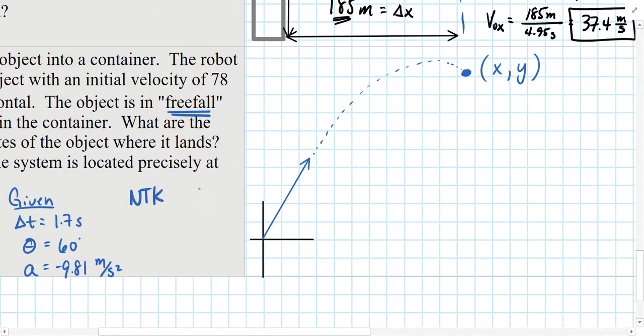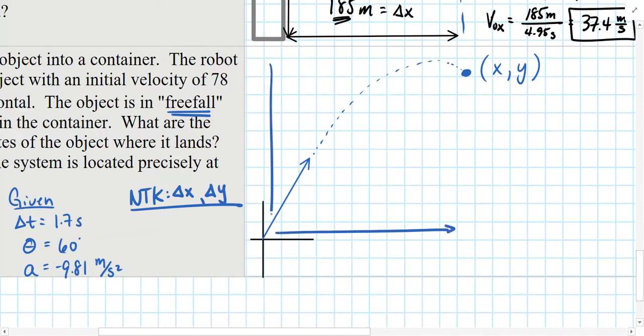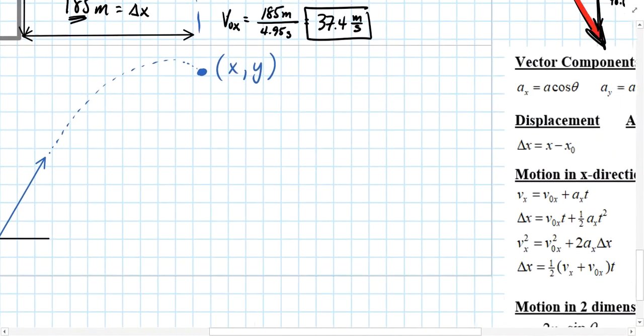What we need to know is the change in x and the change in y, and we may do this in two calculations. If we know the change in x, that'll tell us how far this object moves horizontally, and if we know the change in y, that tells us how far that object moves vertically, and those two combined will locate this position of the object after the 1.7 seconds.